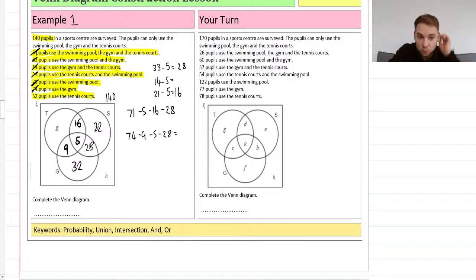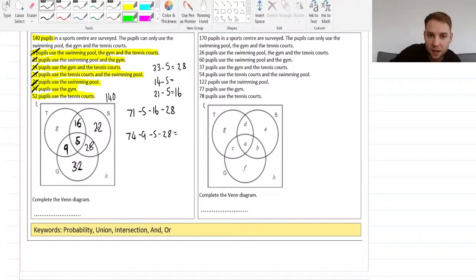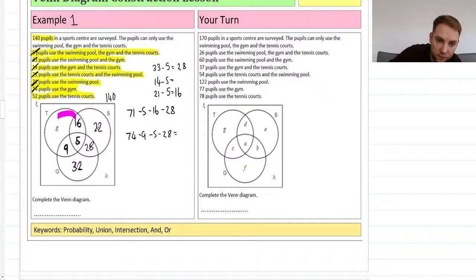And we've got our last one, which is this G. And this says that the tennis court has got 52 people in it. Now, the tennis court is all of this circle here. Okay, this is the tennis court. So G, 16, 5 and 9 all sum to 52. So if I want to find G on its own, I need to take away 16, 5 and 9.